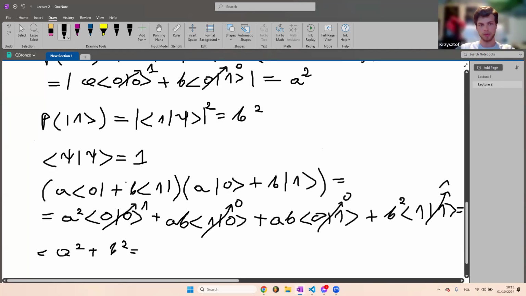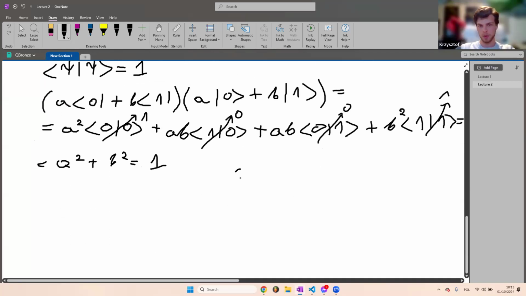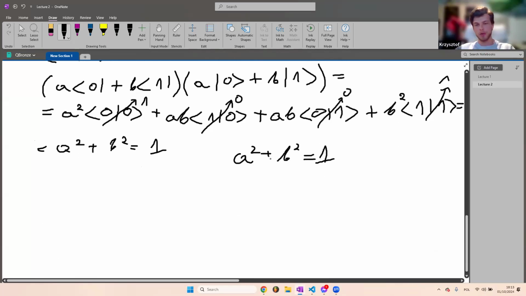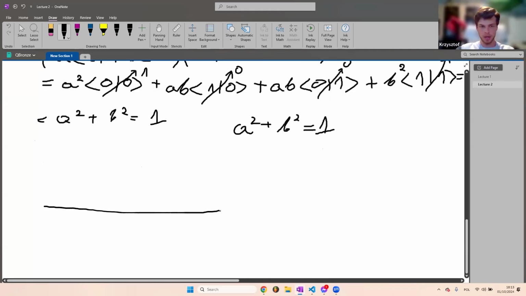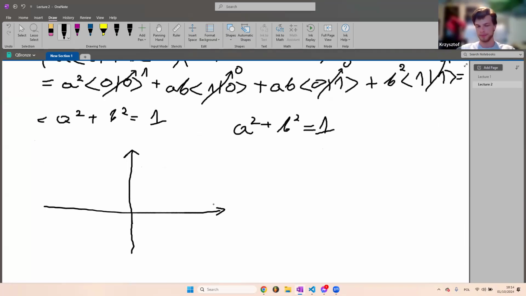But we also know from this condition here that this must be equal to 1. So in order to obtain a proper qubit state, those two parameters, a squared plus b squared, must equal 1. And we can also visualize this on a 2D plane. This is a very crucial step: in this case, we are talking about the real valued qubit.